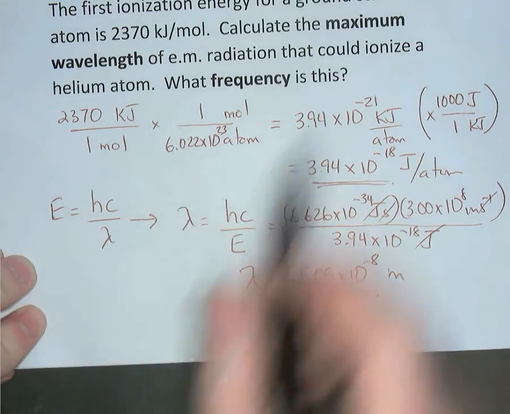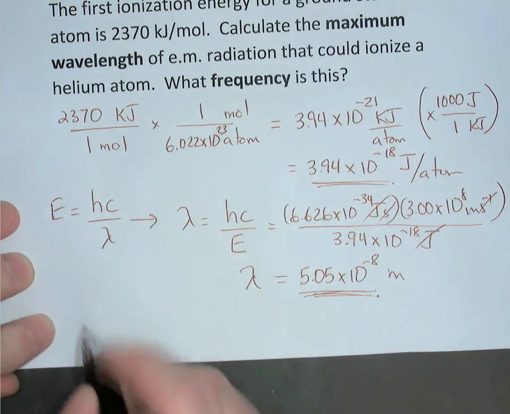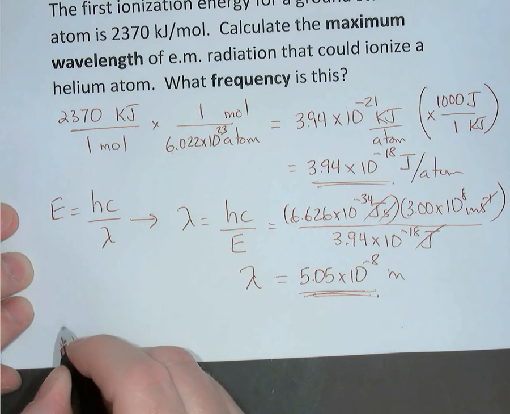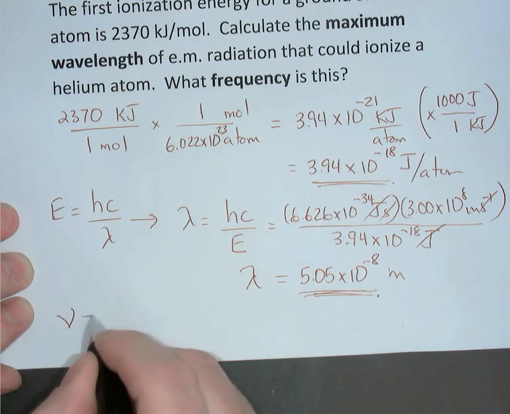Now the question was also, what frequency of light is this? So I'll take the equation c equals lambda nu and I'll rearrange it.